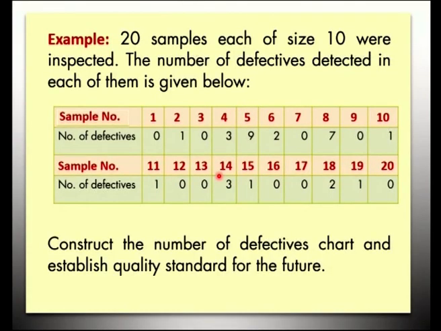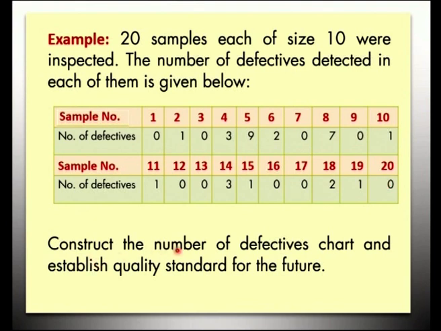But the number of samples inspected is 20. For example, sample number 1 gives no defective, and similarly sample number 2 is giving one defective out of 10. Similarly, sample number 3 is giving 0 defective out of 10 items. The last one, the 20th sample, shows no defective out of 10 items.